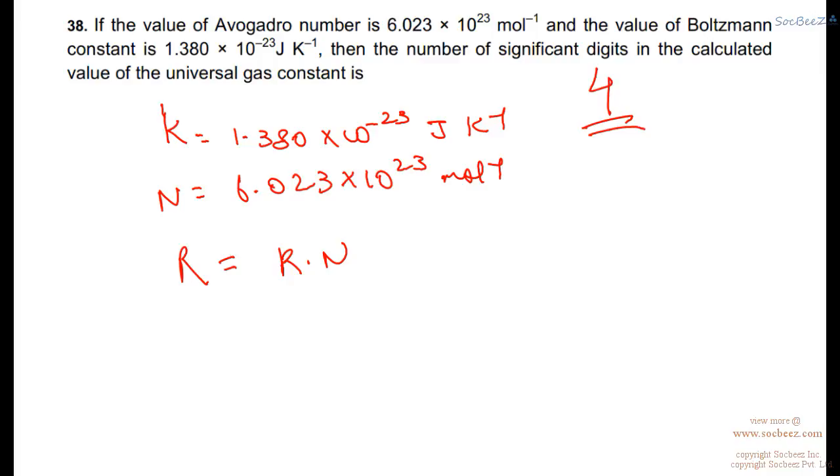This question does not need you to multiply both of these numbers. You can, by observation only, if you know the concepts, get the answer as 4. This is perhaps the easiest question of this particular question paper. Well, now let's move on to another question.